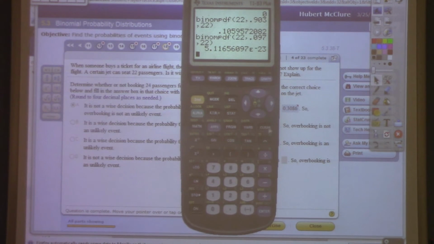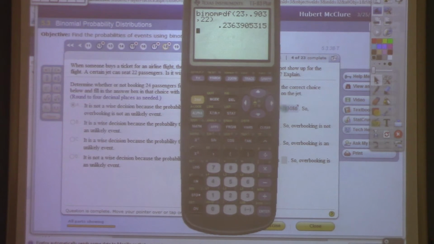Unless, second function, entry, change this to 23, put that as 0.903. And change that to 22, and that would give us that.